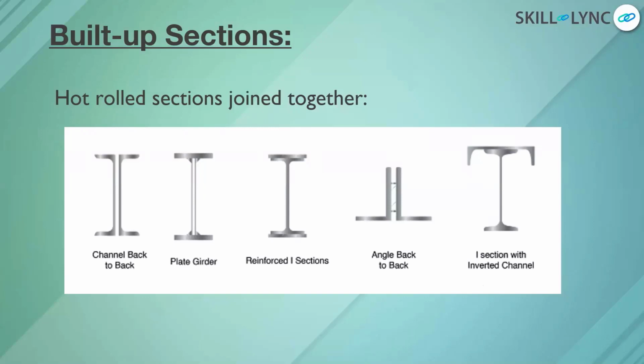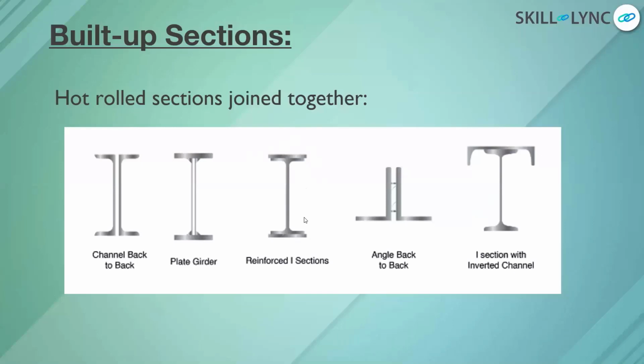As per the design requirement, if you want a higher moment of inertia or shear area than the available sections, as you can see in the SP6 code table, then you have to go with built up sections fabricated for the required depth and width by combining a number of plates. To an I section, plates are added to increase the thickness of the web. So this is how built up sections are.